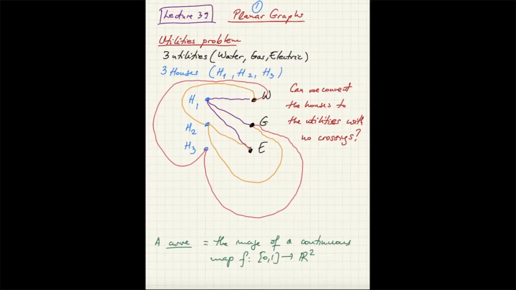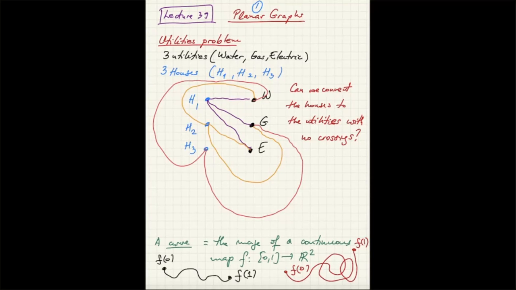So you have some points in the plane, and let's say this is f(0), and then you have some kind of continuous curve that changes up to f(1). Or you could have another situation where you have here f(0), and it goes like this, coils, and this is f(1), something like that.